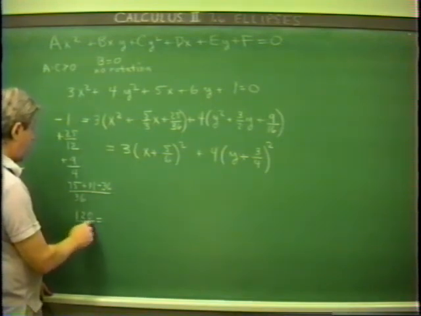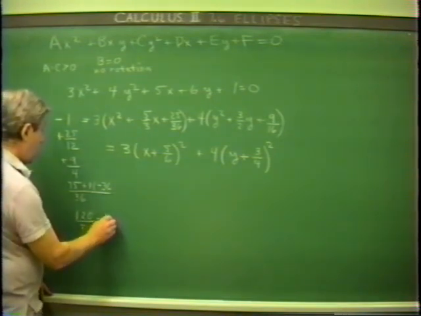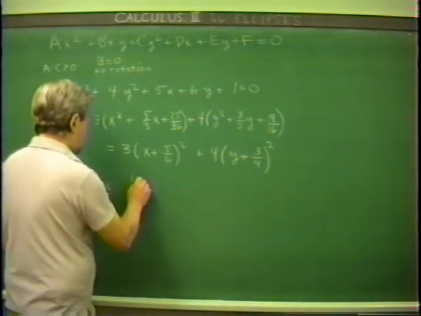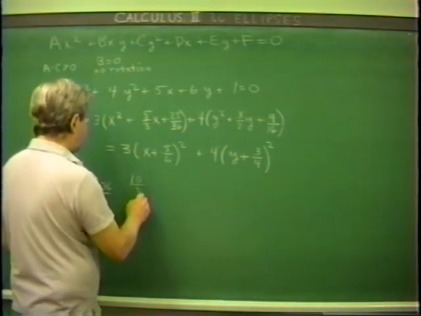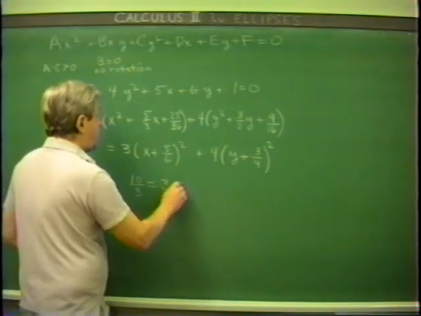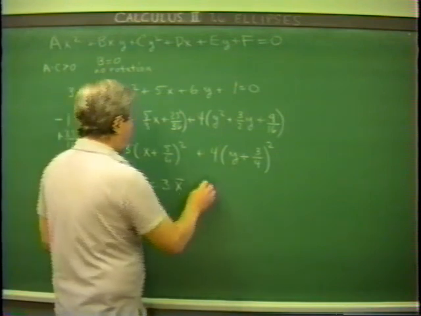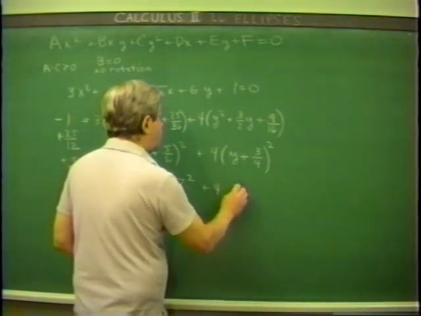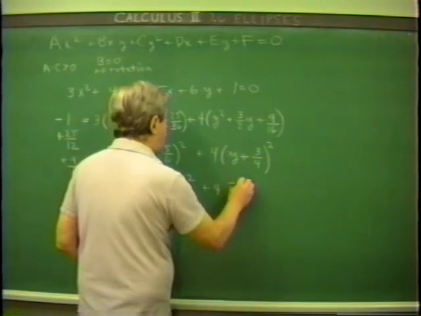Simplifying this, dividing by 12, we get 10 over 3. So we've got 10/3 equals 3 times x bar squared plus 4 times y bar squared, replacing x plus 5/6 with x bar and y plus 3/4 with y bar.